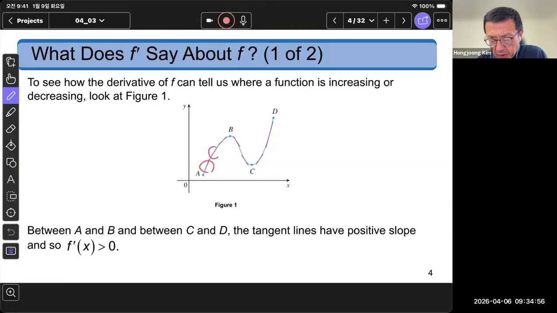So these tangents have positive slope, meaning f prime there will be all positive, greater than 0.